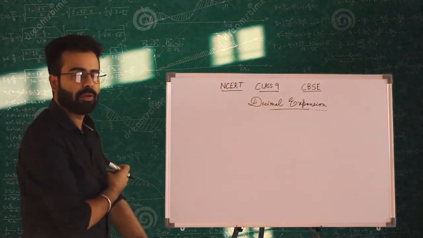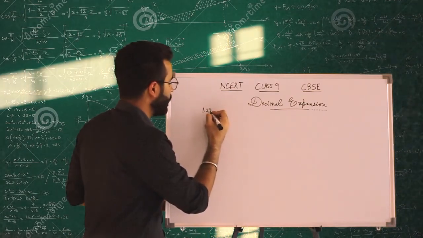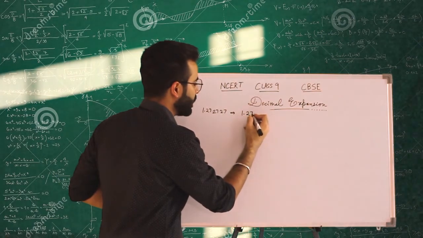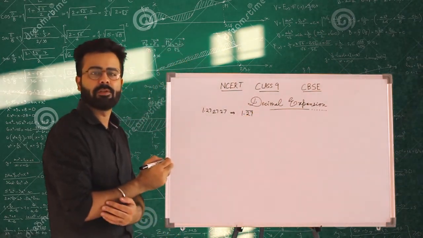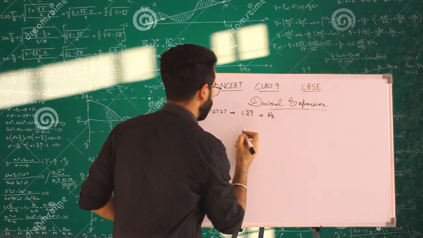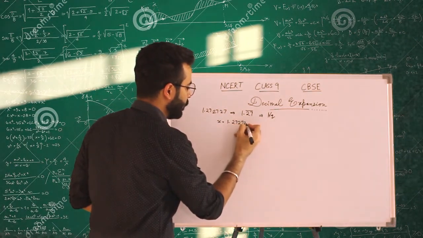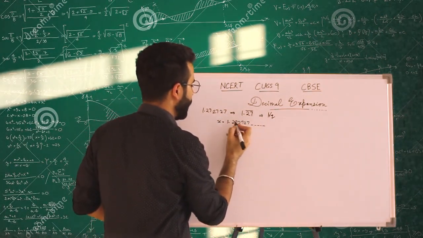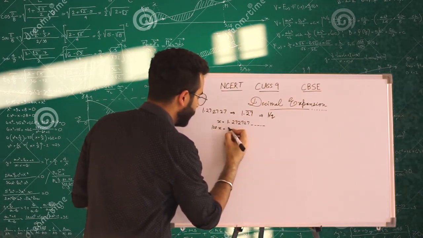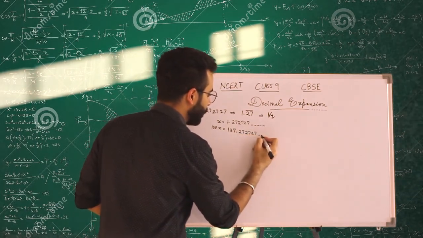The next question is, you have to show that 1.27272727, which means 1.27 bar, can be written in the form p by q, where p and q are integers and q is not 0. So again, I'll assume this 1.272727 as x. Now since 2 digits are repeating, I'll multiply this by 100. So my 100x will be 127.272727.